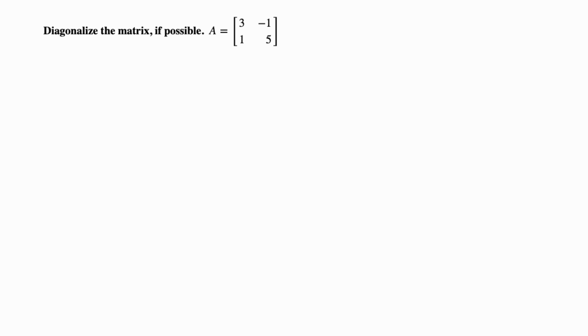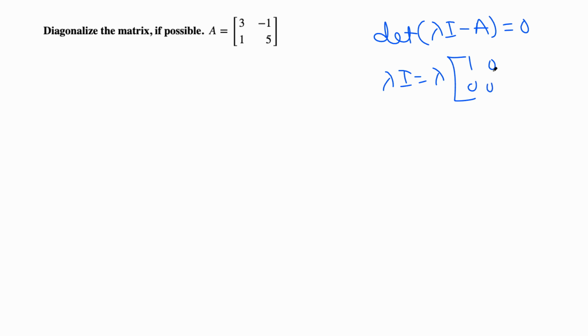To find eigenvalues, we just solve this characteristic equation: determinant of lambda I minus A equals 0, where lambda I means lambda times the identity matrix, 1 0 0 1.